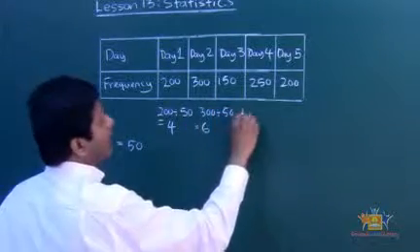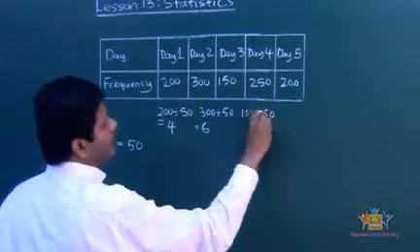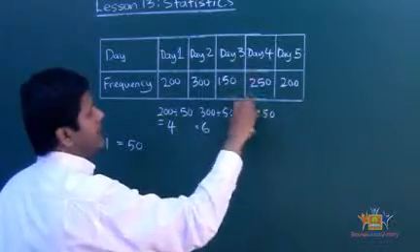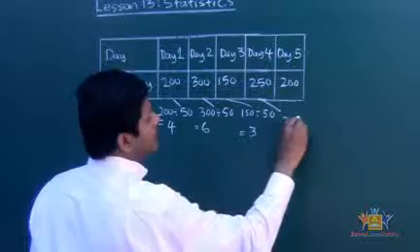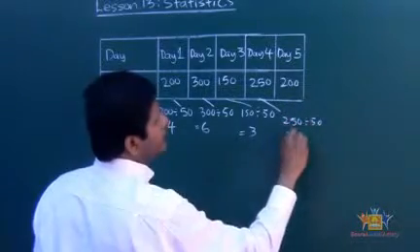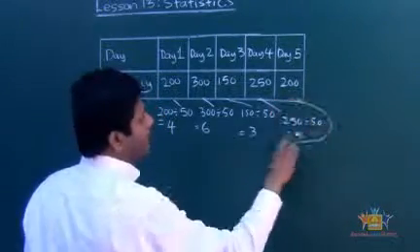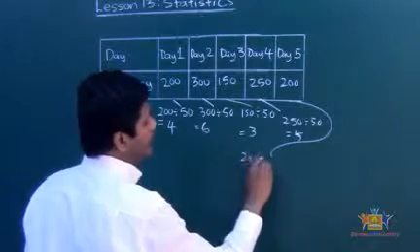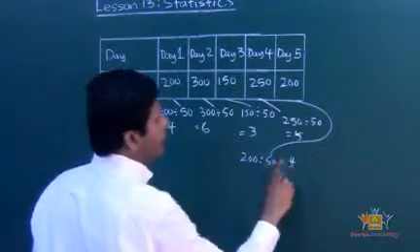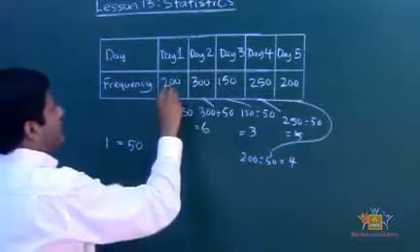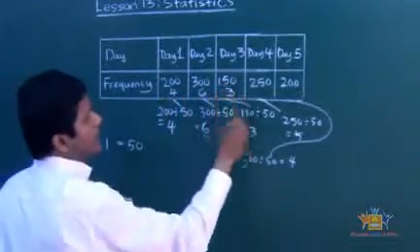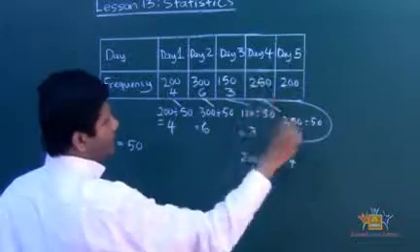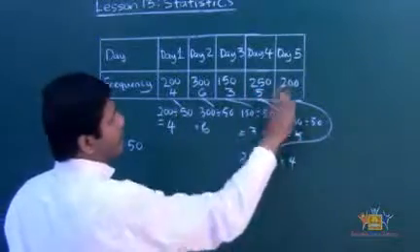This one, 150 divided by 50, gives us 3. This one, 250 divided by 50, gives us 5. And this one, 200 divided by 50, gives us 4. So this one's going to be 4, this one 6, this one 3, this one 5, and this one 4.